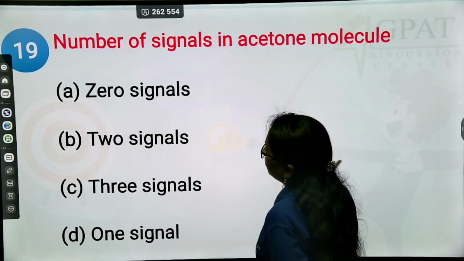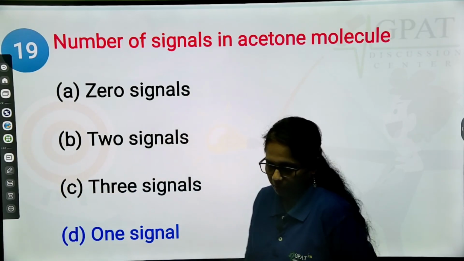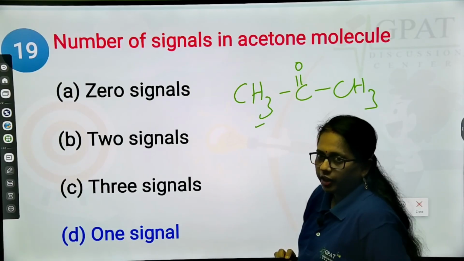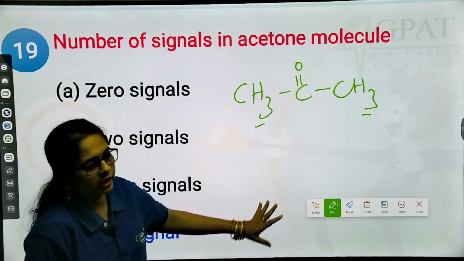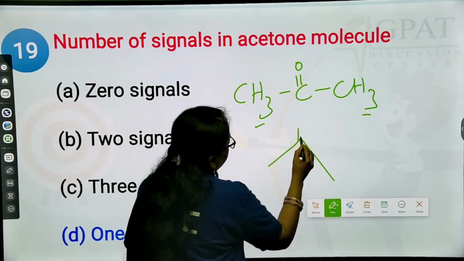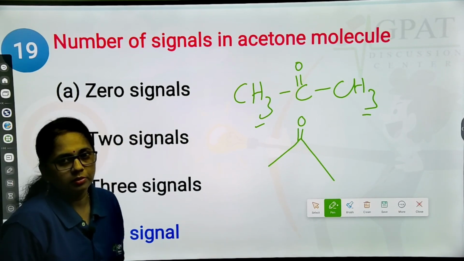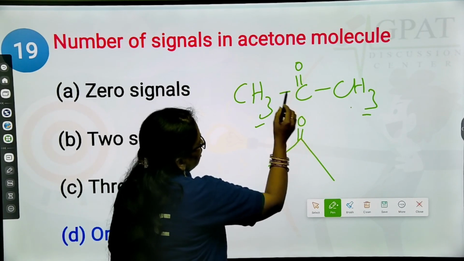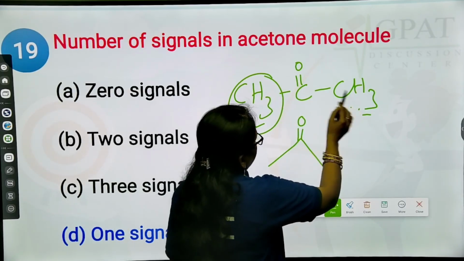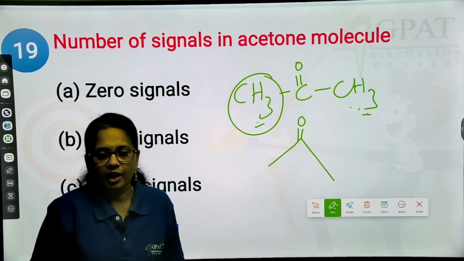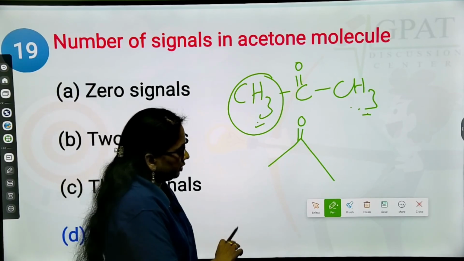Here, in the acetone, these three hydrogens are going to be equivalent. Okay, so that's why you are going to see only one signal for the acetone molecule, because you have the equivalent hydrogens on one side, and the equivalent hydrogens on the other side. So only one signal you are going to observe for this NMR.